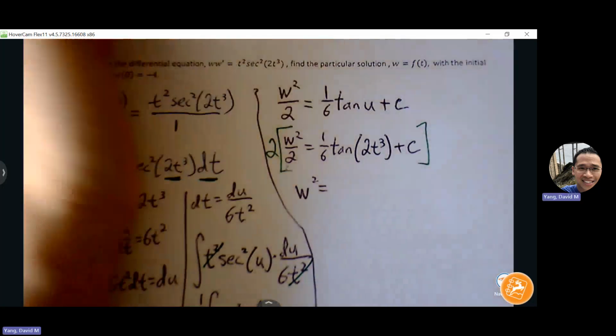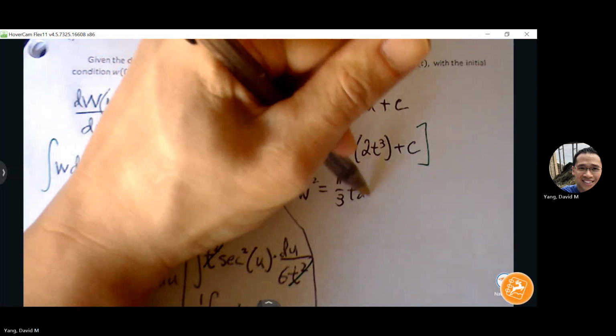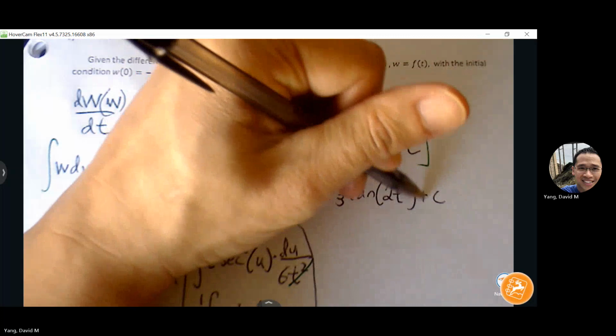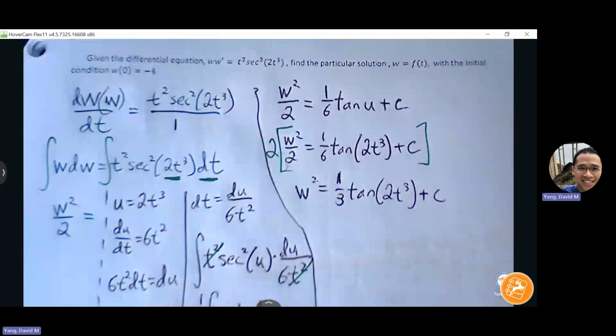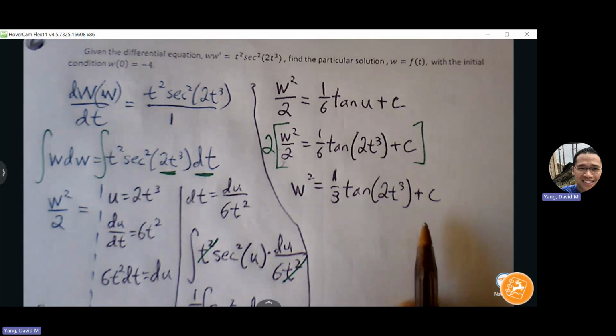Now 2 times 1/6 is what? We can, but 2 times C is still a what? Still a C, right?